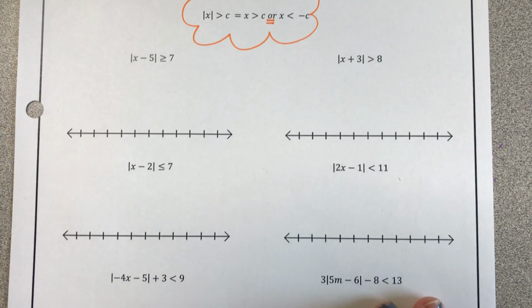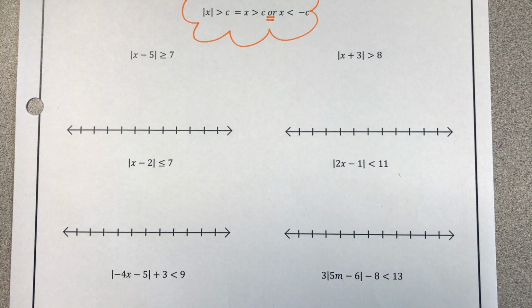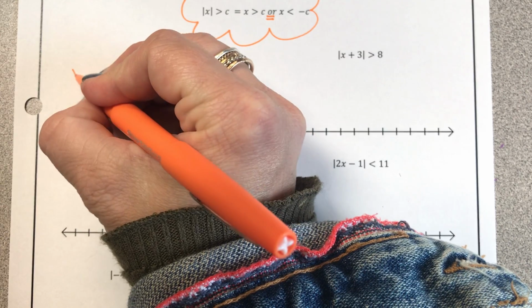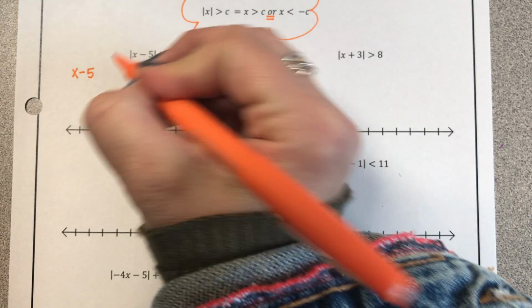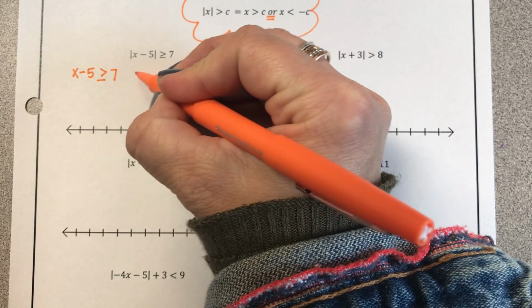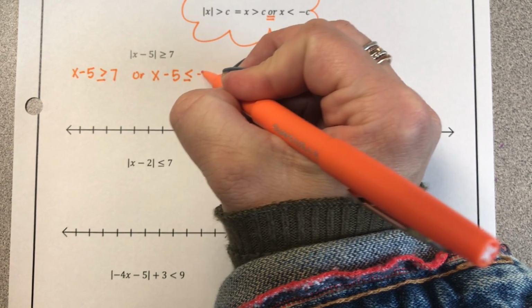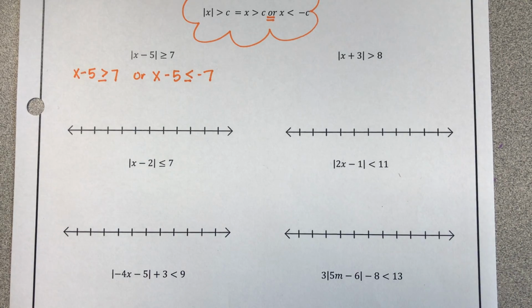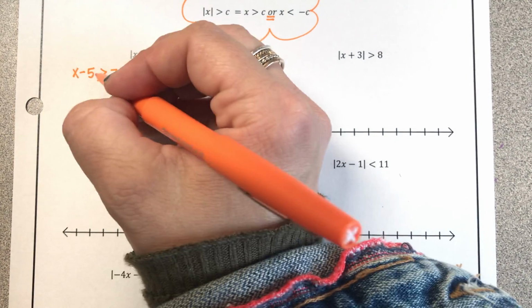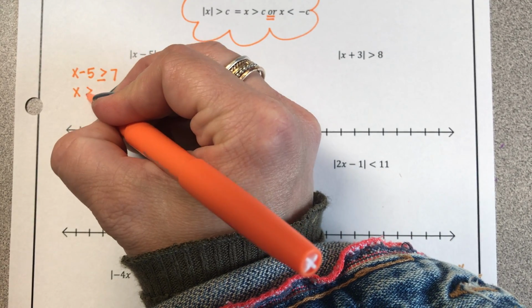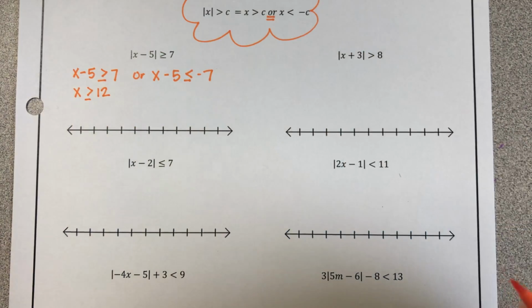So let's do a couple of examples. On this first one, it's greater than. So x minus 5 has to be greater than or equal to 7, or x minus 5 has to be less than or equal to negative 7. Let's go ahead and solve these. We're going to add 5 to both sides to get x is greater than or equal to 12.